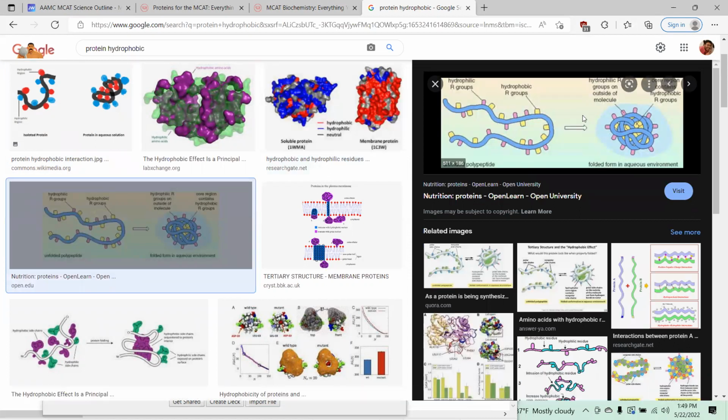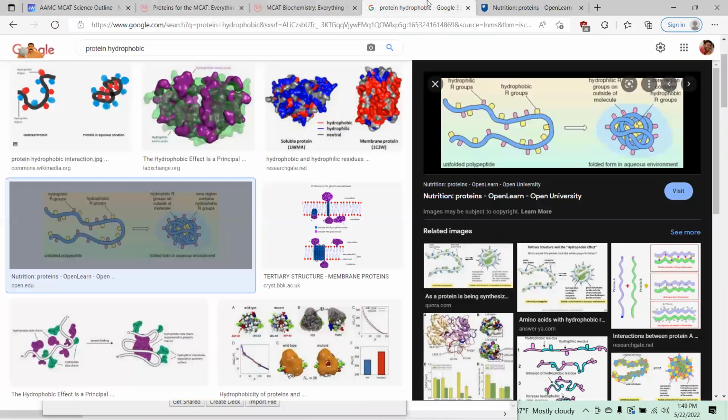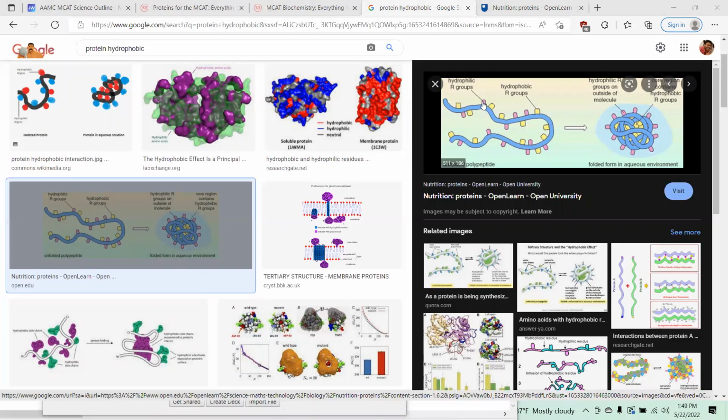This is a nice picture. Right here in purple, they showed the hydrophilic groups, and in yellow, the hydrophobic groups. The hydrophobic groups don't want to be out where the water is, so they will fold up in such a way that they're all near each other. And they don't mind being near each other because they're all nonpolar.